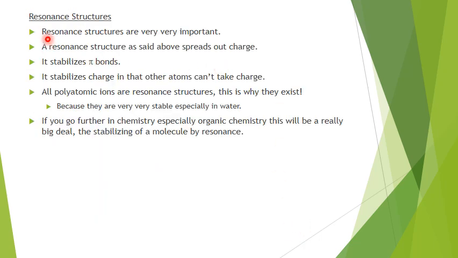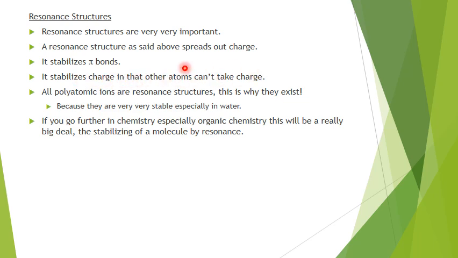All right, so resonance structures. Resonance structures are very, very important. What they do is they spread out the charge. They reduce the charge density. When it does that, it stabilizes pi bonds. It also stabilizes charge.